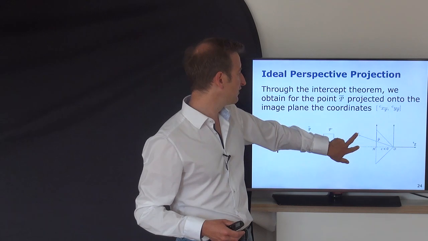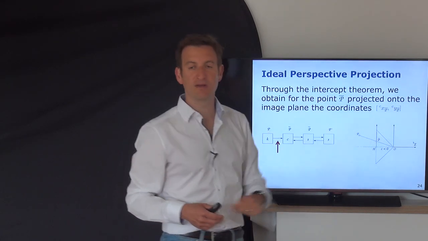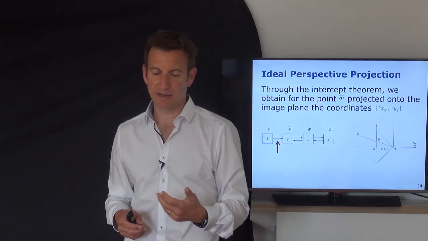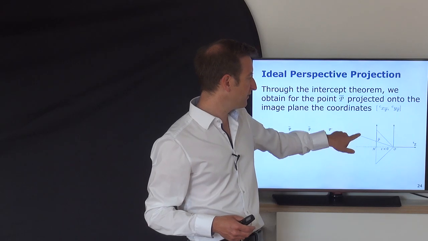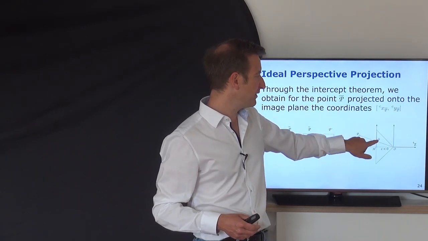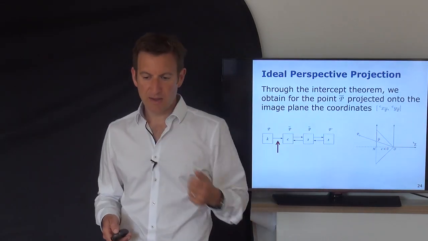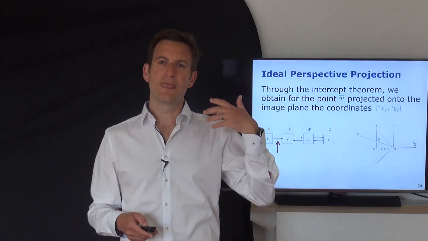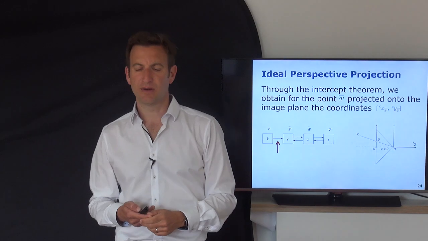And so this is a coordinate of the point in the world, and this would be the same coordinate of the point in our image plane. And so we can just express this by saying this distance divided by this distance, which is the z coordinate, is the same as this distance divided by that distance over here. And this way we can express how a point from the 3D world is actually mapped onto our image plane.